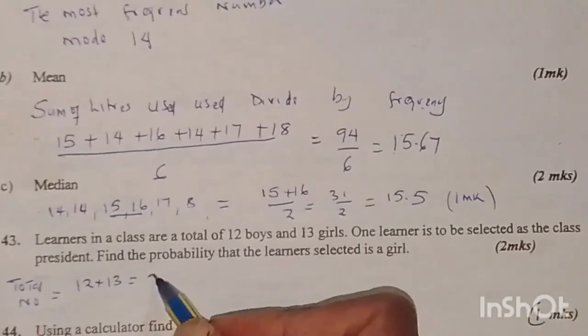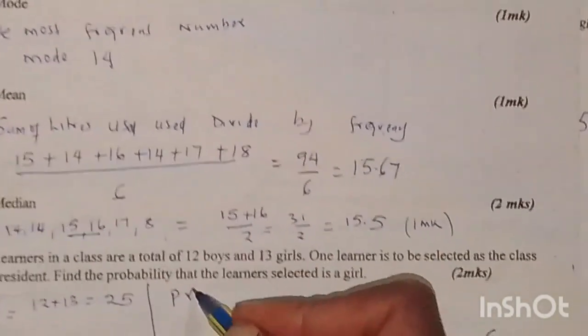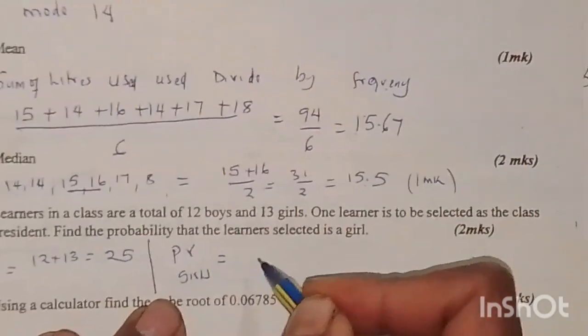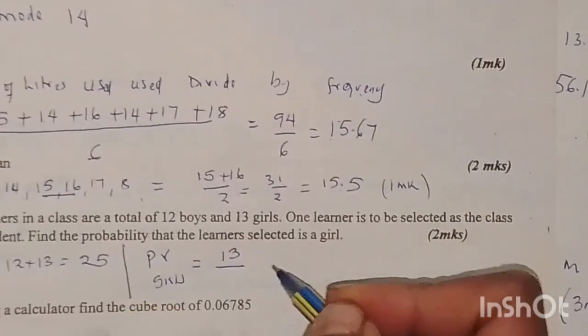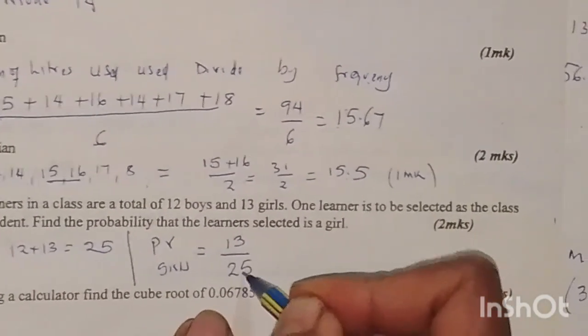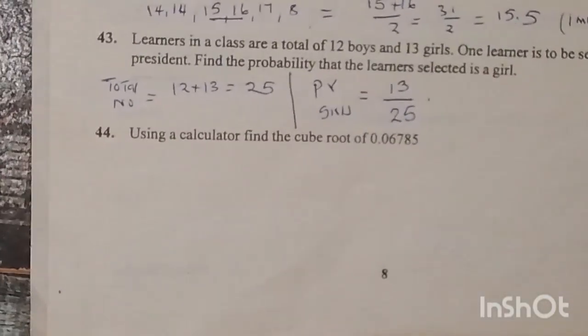The whole class has 25 learners. Now, the probability of a girl is the total number of girls, which is 13, divided by the total number of learners, the whole class, which is 25, and that is the solution, 13 over 25.